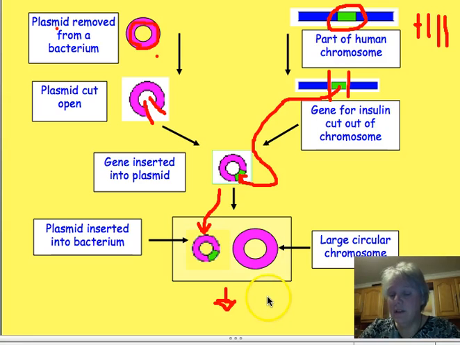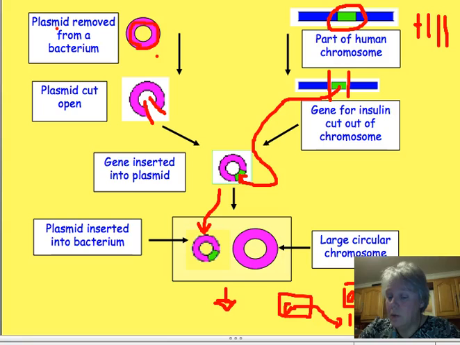So what happens is they start to multiply, so you get lots and lots of bacterial cells, and they've all got the little plasmids inside them. It's not a very good diagram, but they've all got inside them the gene that you want, because it'll have made copies of it, and that gene will go on to produce lots of useful substance, and in this case here we're talking about lots of insulin.